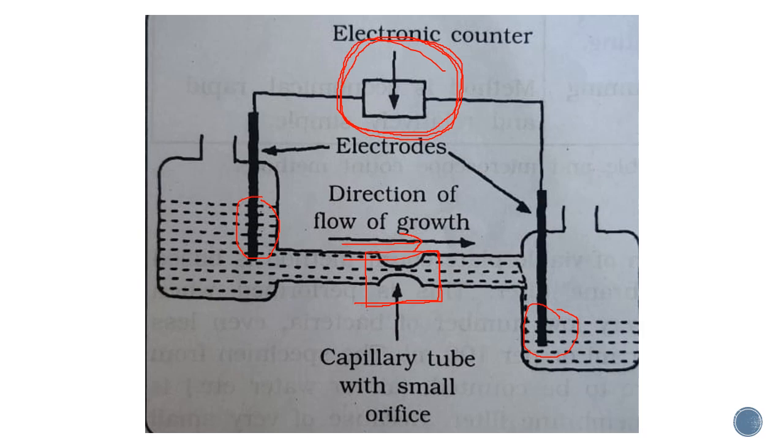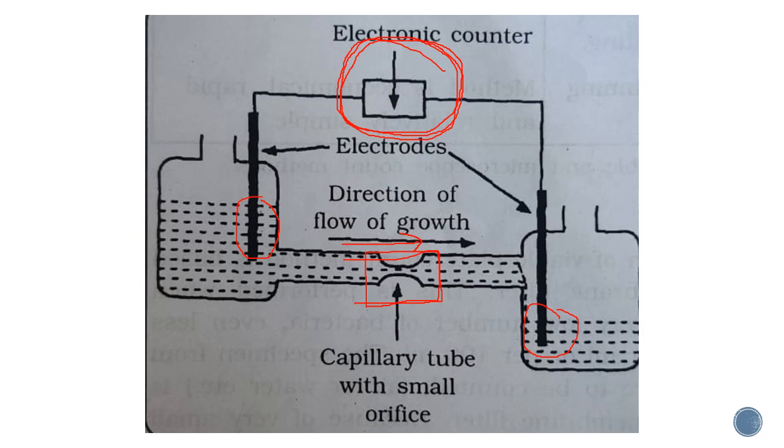In that, the growth medium is allowed to flow through a narrow capillary tube with a small orifice. Both ends of the tube are connected to an electronic circuit through two electrodes. You can observe in the diagram that there are two electrodes present.